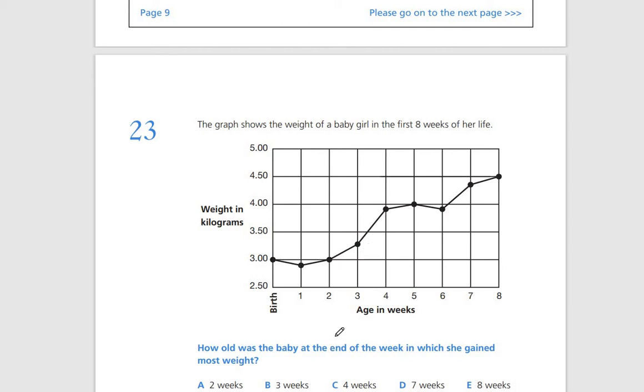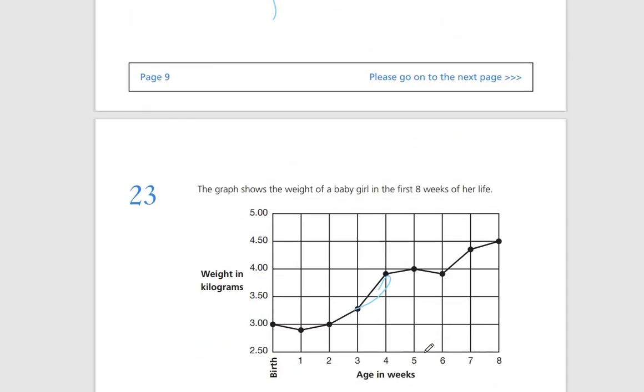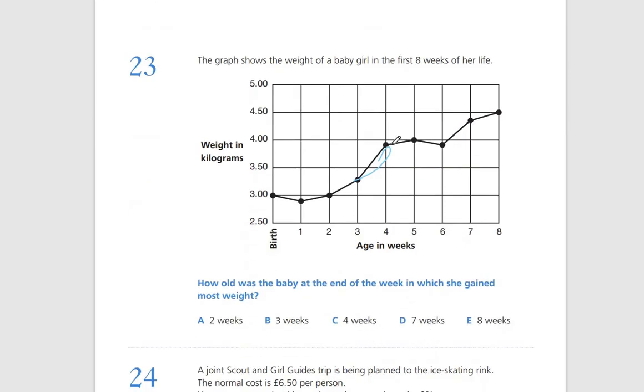Anyway, okay, how old was the baby at the end of the week in which she gained the most weight? Look how much they gain. This one has gained the most. How old was she at the end of the week when she gained the most? And that is 4 weeks. So C.